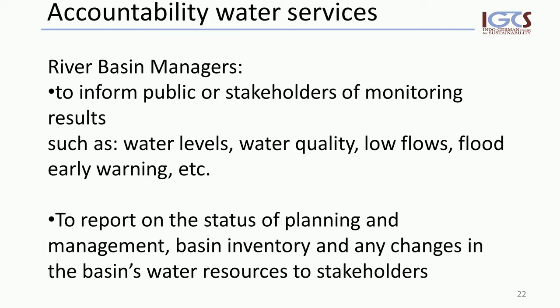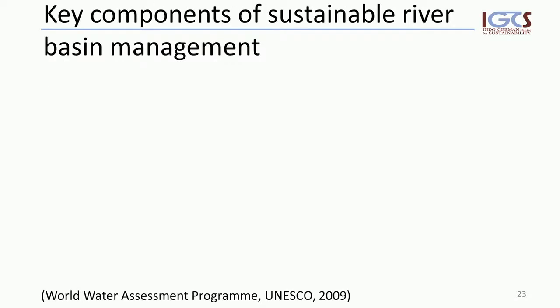Any changes in the water resources in the river basin should be reported to the stakeholders, and vice versa. If stakeholders notice any of these changes, then they should also have a possibility to report and inform the river basin managers. So this is part of accountability of water services.